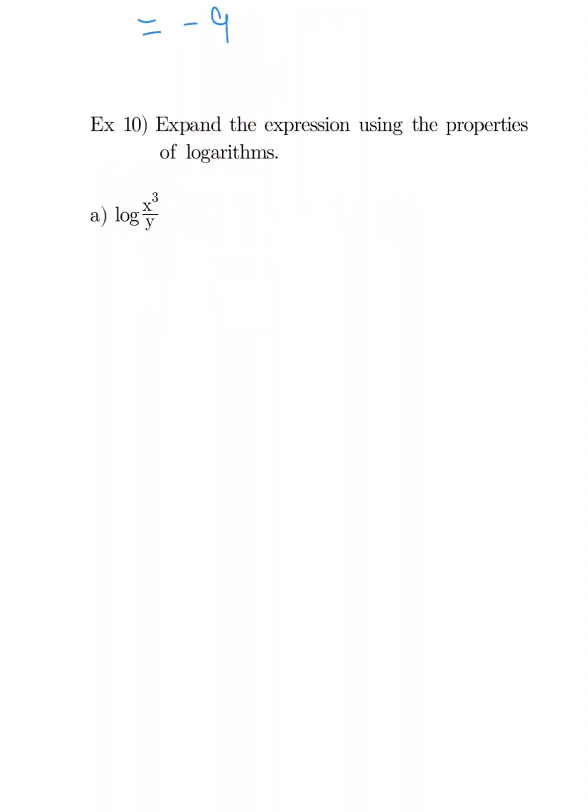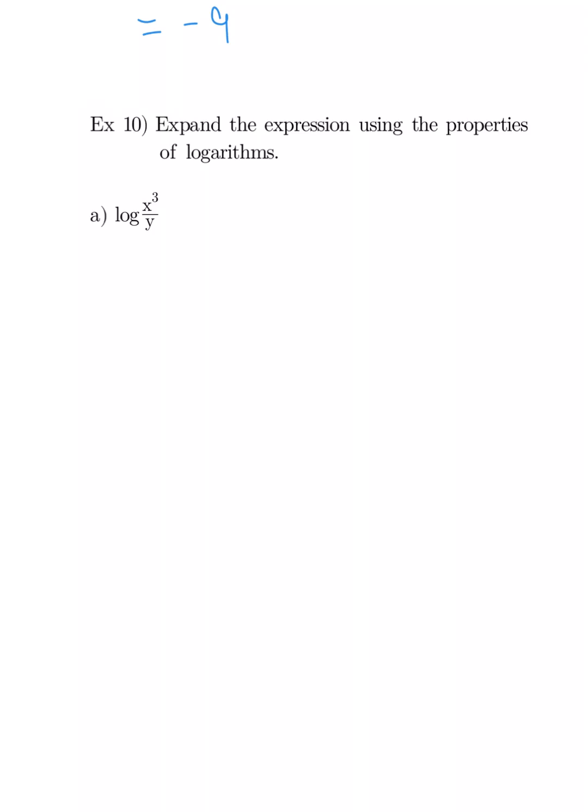Next, we're going to use the properties of logarithms to expand the expression. These will all be variable logarithmic expressions, so you will not have numerical answers for the most part. On this first one, we have a logarithm that's base 10, and in the argument, we have division.